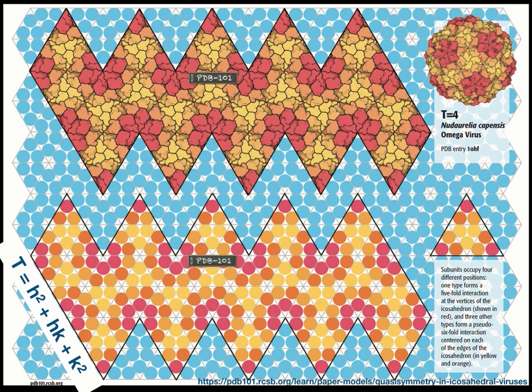Oh, another thing that the T number is telling you, so I said that it's telling you how the different proteins are going to arrange with each other, how many proteins are going to be in a capsid, but it's also telling you how many different conformations the same protein is going to have within the same capsid.